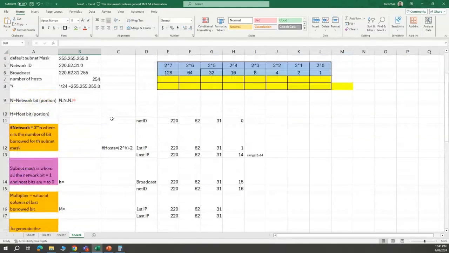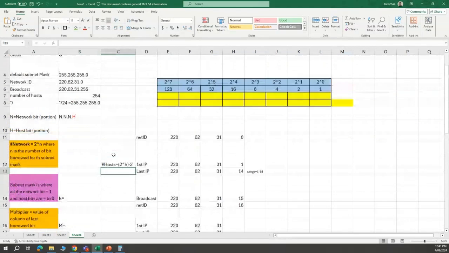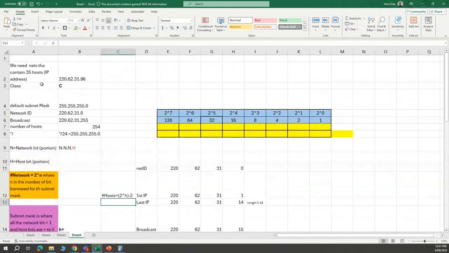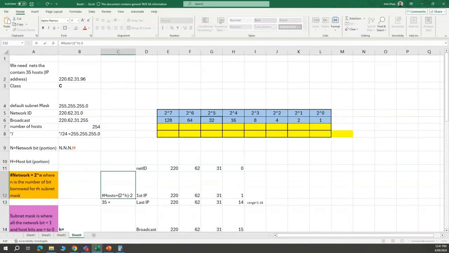Okay. So now what we plug into the formula, what we know, is that we need 35 hosts. Okay, 35. 35 equals 2 to the h minus 2.